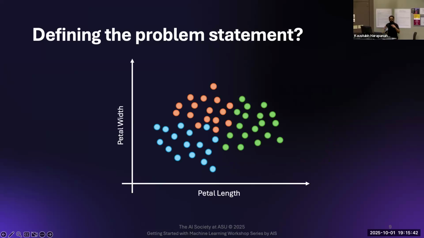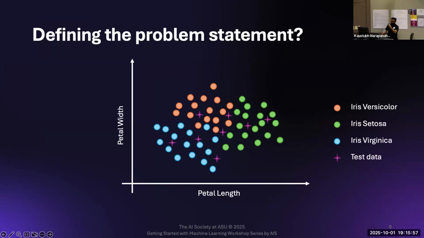And then, why do we train machine learning models? Basically, we look at some test data that we want to predict, which is not seen by the training data altogether. So let's put in some test data over here. This is how the categorization occurs.